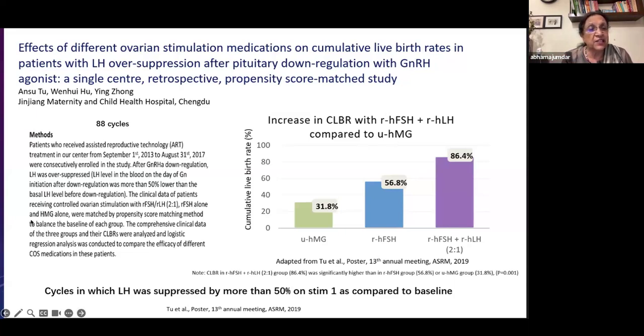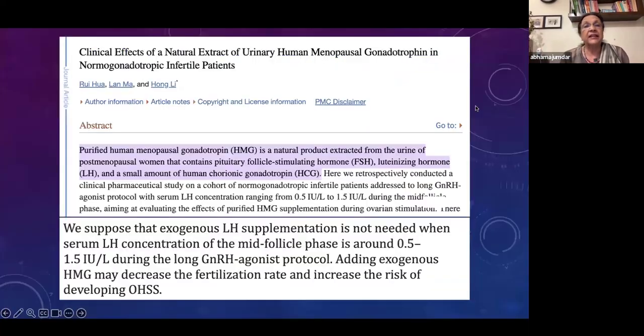Recombinant FSH alone and HMG alone were matched, and then they also looked at what happened when LH was added. So this is how they did the study, and they found that if they added LH, they got the highest number of cumulative pregnancies.